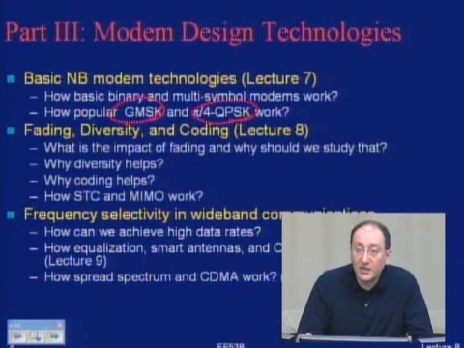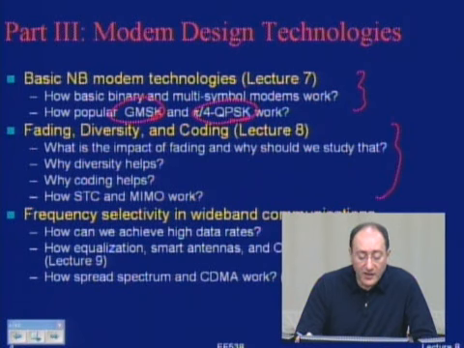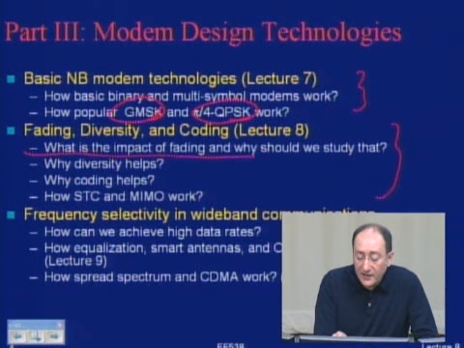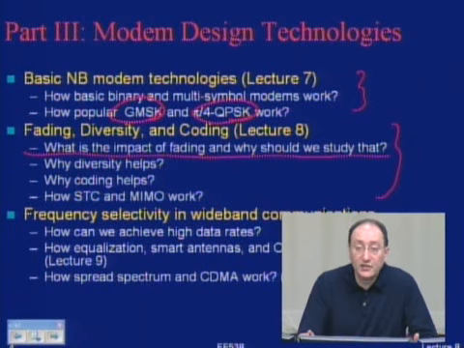This lecture 8 is going to talk about fading, diversity, and coding. That's the general topic. What we want to say is, what does fading do to my performance? My performance criterion up to now was probability of error, if you remember, and its relation to signal-to-noise ratio.